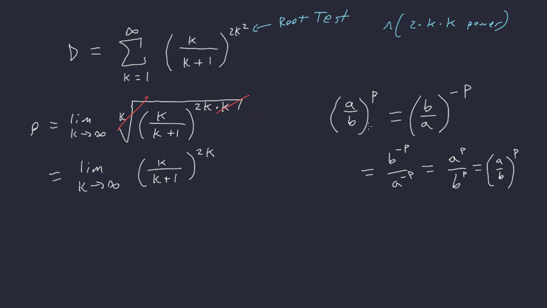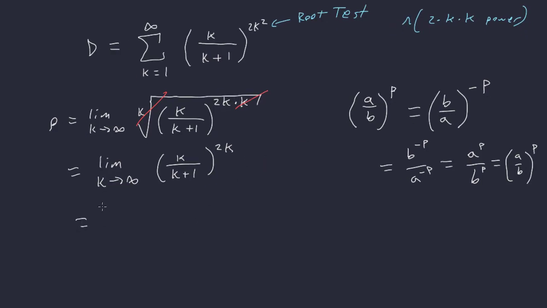We get right back to where we started. So we can flip the fraction on the inside as long as we negate the exponent on the outside. So I'm just going to do that. Here, I'm going to flip the inside and then negate the exponent.